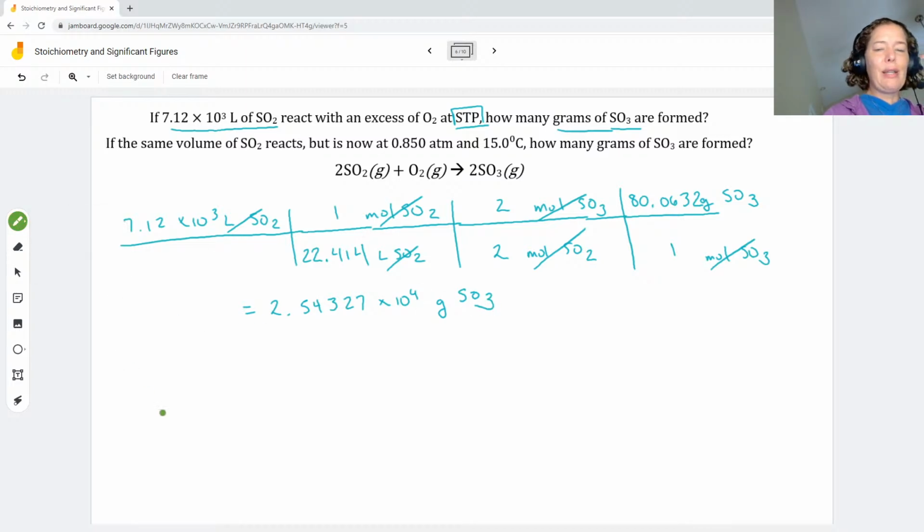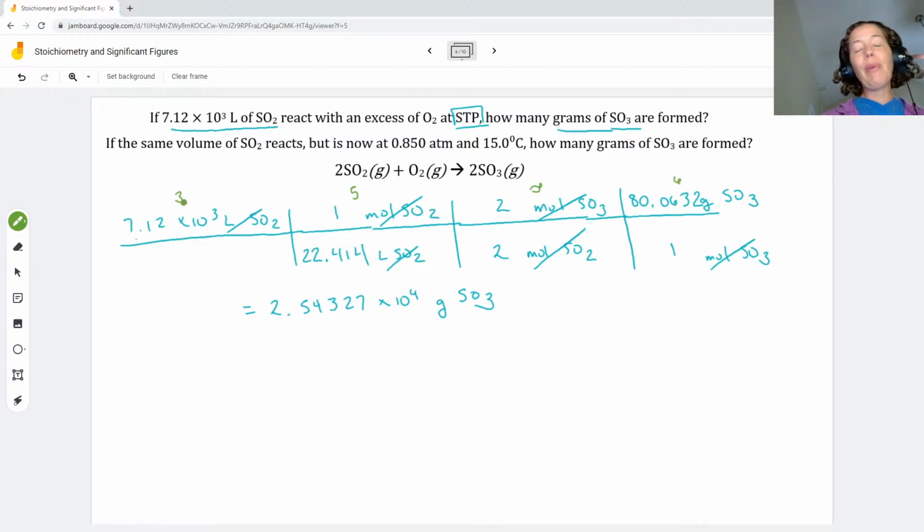Let's talk sig figs. All right, so here's the number I was given that has 3 sig figs. My molar volume here has 1, 2, 3, 4, 5 sig figs. Of course, my mole ratio is infinite, and my molar mass here is 1, 2, 3, 4, 5, 6 sig figs.